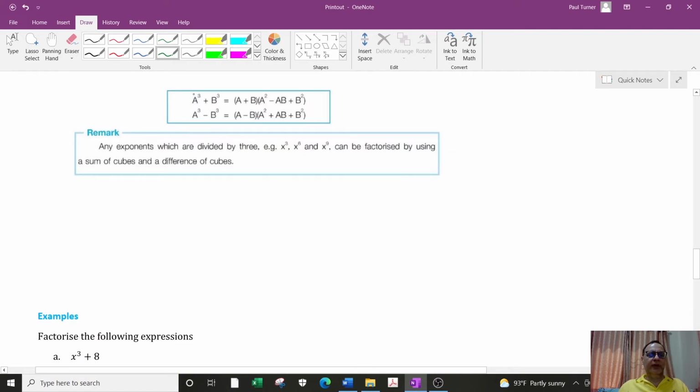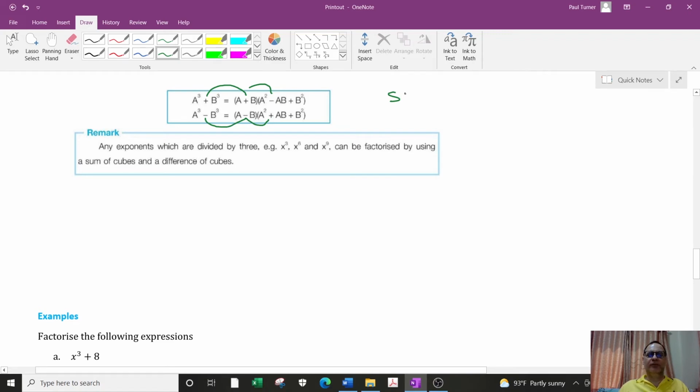So here's a summary of the two rules, a cubed plus b cubed. They're not that hard to remember. You've got a plus here. This sign is plus. So this is the same. Okay. So minus sign here. But notice now we go to the opposite sign. So plus becomes minus and minus becomes plus.